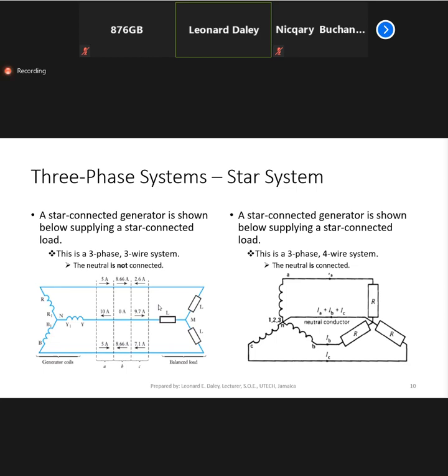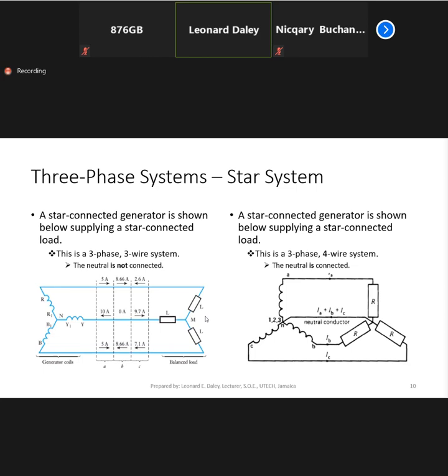On the right you have the neutral between here and here. And this one now, there's no neutral.